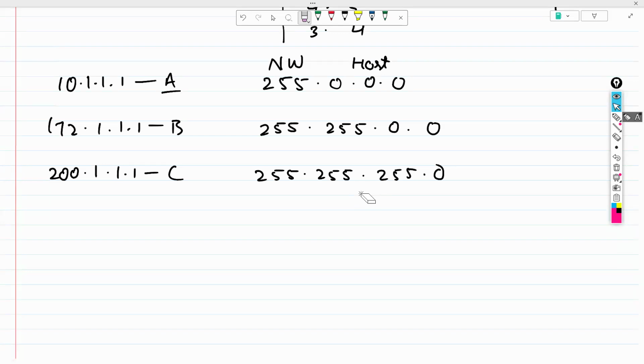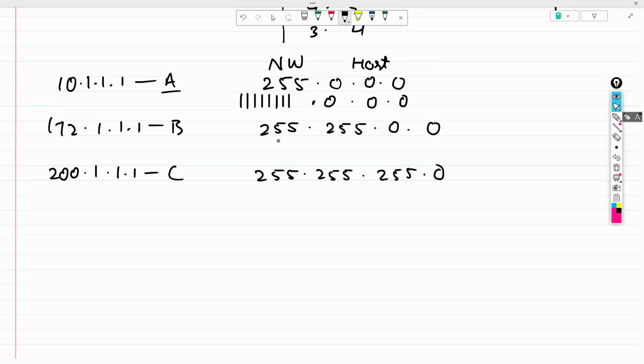If you convert 255 into its equivalent binary format, you will get 8 bits of 1: 1, 2, 3, 4, 5, 6, 7, 8. The rest of them are 8 bits of zeros. I'm not writing 8 bits of zeros over here, I'm just writing 0, 0, 0.